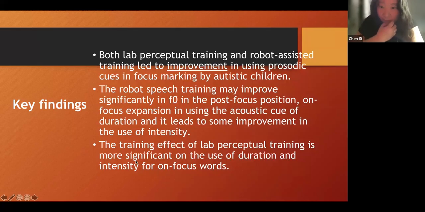The training effect of lab perceptual training is more significant on the use of duration and intensity for on-focus words. So both of the methods are actually effective, but they might improve a bit differently on different cues.